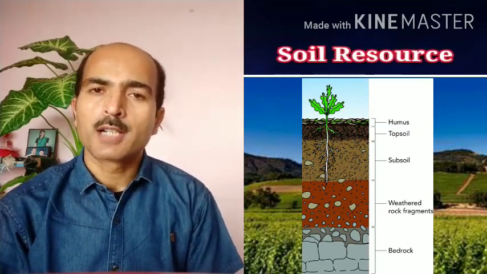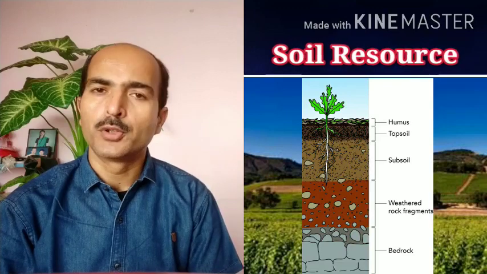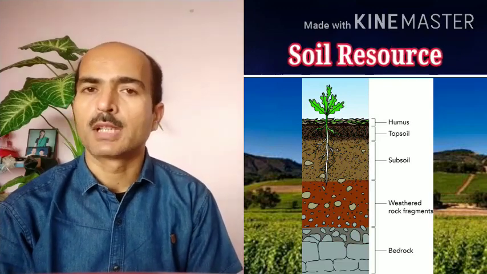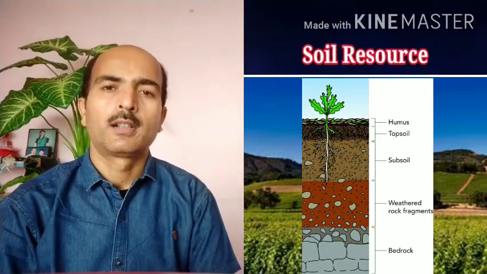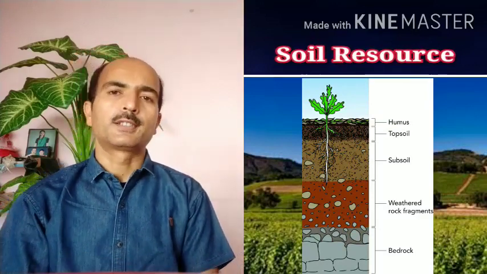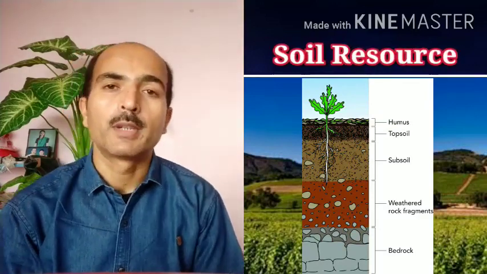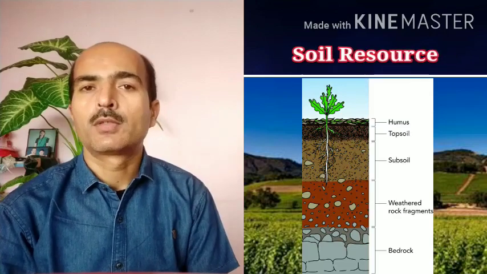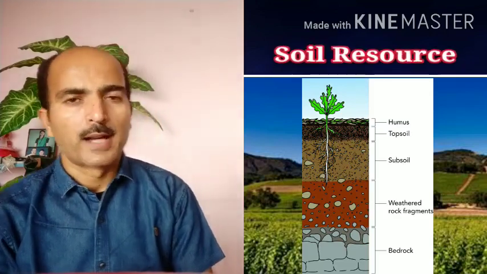This part of soil has no humus at all. It is not suitable for agriculture, and of course it is inside the soil, so there is very little use of it. But in the formation of topsoil, it plays a very vital role. Unweathered parent rock is found at the bottom of the soil profile.